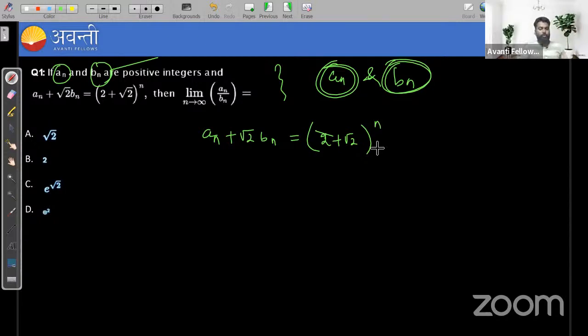So you can tell me, if an and bn are positive integers, and an plus root 2 bn is equal to 2 plus root 2 whole to the power n, then what will be an minus root 2 bn?